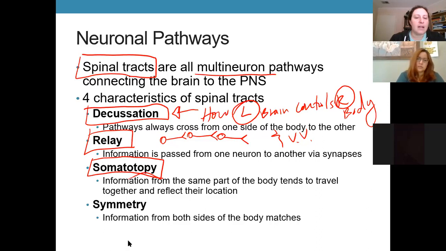And the last characteristic is symmetry, in that the information from both sides of the body usually matches. That makes sense too, right? You kind of knew all this already, but we're laying out that these are consistent things in how we get information to and from the brain.